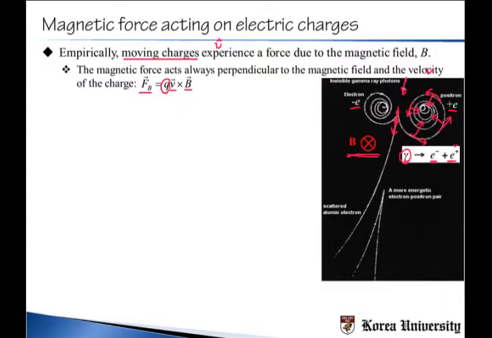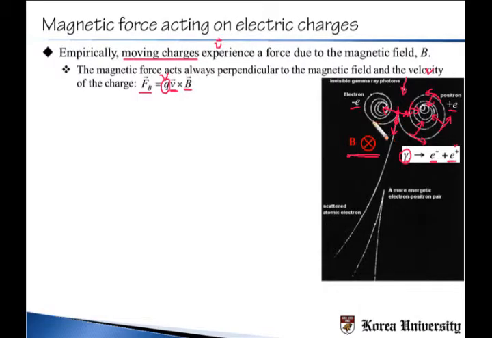And how about electrons? Well, electron is just like having a negative charge here. So therefore, naturally, for the same velocity and same magnetic field, the direction of the magnetic force will be opposite. So therefore, originally for the positron, the magnetic force vector was along this direction, but now for electrons, the direction of the magnetic force will be like this.